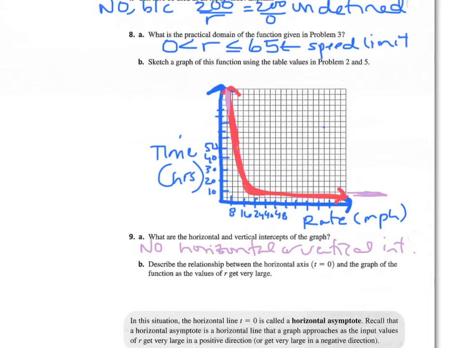Okay, so describe the relationship between the horizontal axis and the graph. So as the input increases, or as R increases, the time gets close to 0, but doesn't reach it.